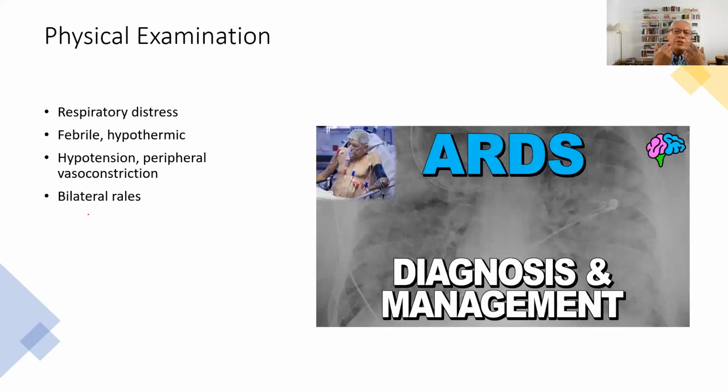All right, so let's delve further into the physical examination findings that you will find in a patient with ARDS. They usually are going to be non-specific as well as include the manifestations associated with respiratory distress, namely tachypnea or fast respiratory rate, tachycardia, and the need for a higher amount of oxygen.